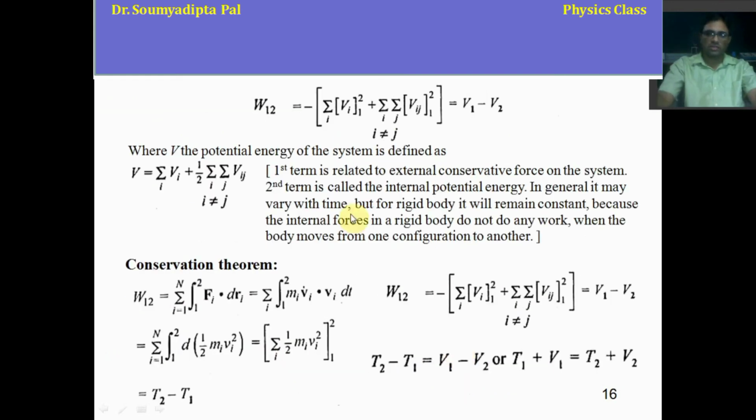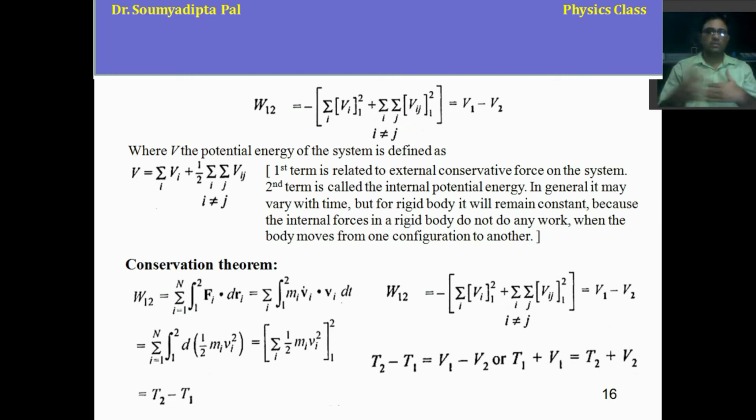Let's try to understand what these two terms are. The first term is related to the external conservative force, and the second term is related to the internal force. This internal potential can vary, but for a rigid body, due to this internal force there is no work done, as it is rigid. So this internal potential will be constant.